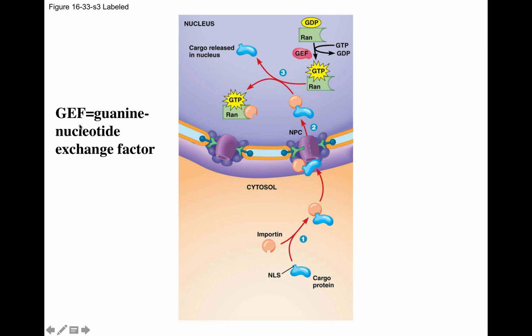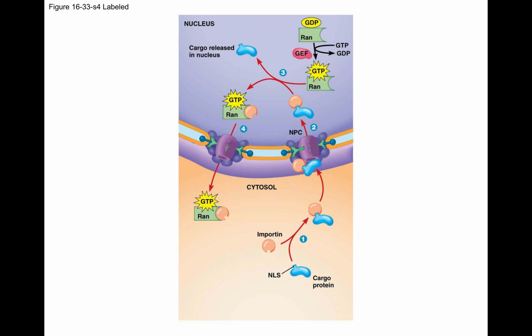You're going to see GEF again. GEF stands for guanine nucleotide exchange factor. GTP gets switched out for GDP and is split there. And then the cargo is released into the nucleus.